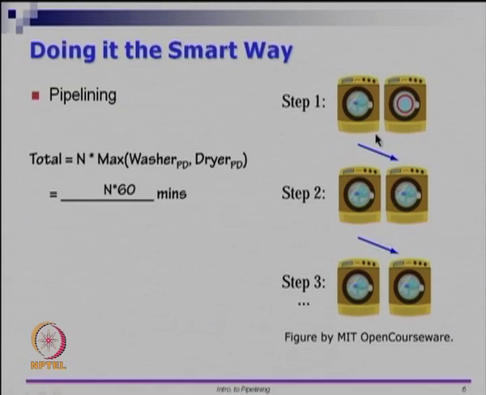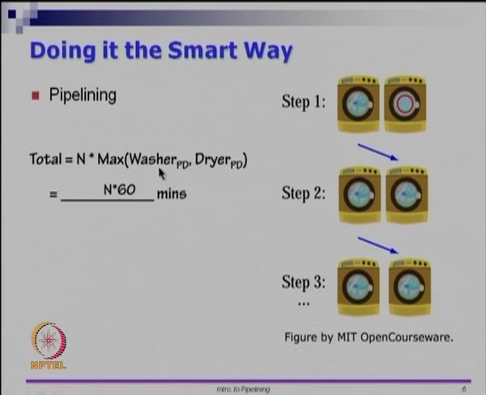The very first load will take 30 minutes, and once that 30 minutes is over, I take that and put it in the dryer. This is going to take 60 minutes, but meanwhile I can get another load washed, right. So, I wash it now.